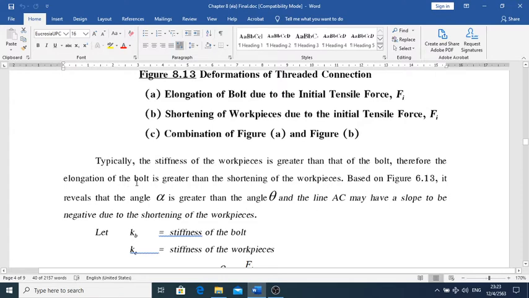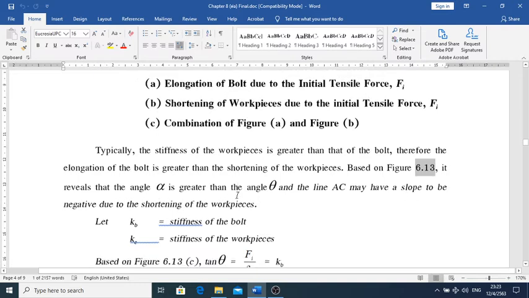Therefore the elongation of the bolt is greater than the shortening of the workpiece. Based on figure 8.13, it's revealed that the angle alpha is greater than theta, and the line AC has a negative slope due to the shortening of the workpiece. Of course, figure C looks like that.